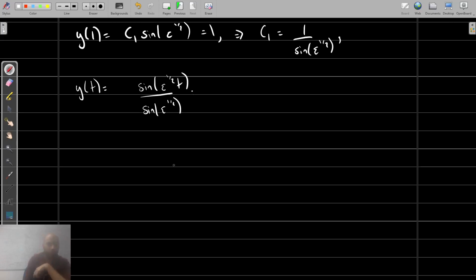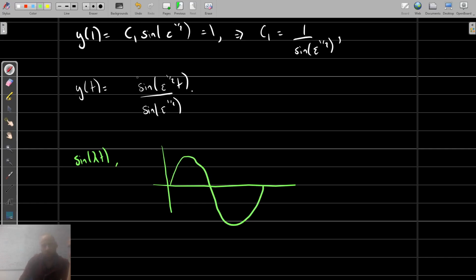Okay, so to understand really what's going on, we want to plot it. Instead of plotting it directly, let's try and get a feel for how to plot this. Let's remind ourselves what happens if we plot sine of lambda t, and we get something that looks like this.